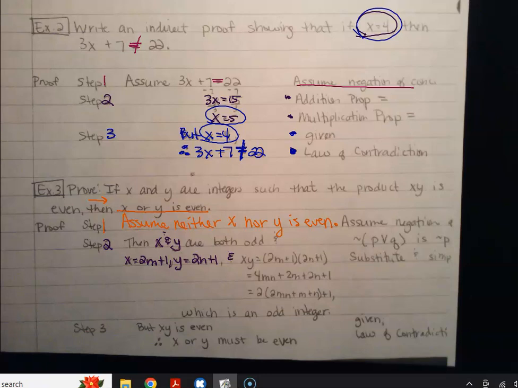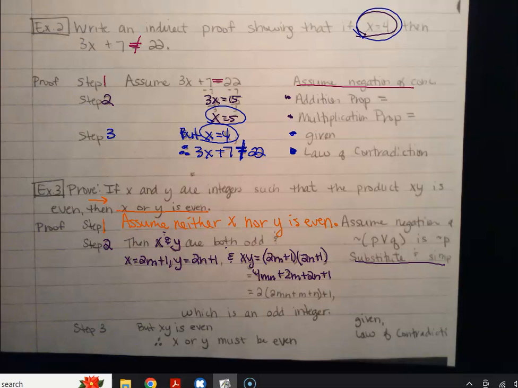And then xy equals the product of 2m plus 1 times 2n plus 1. So we're going to substitute and simplify. If we do the distribution here, we get 4mn plus 2m plus 2n plus 1, right? We're foiling it.